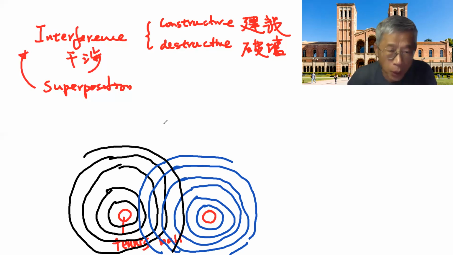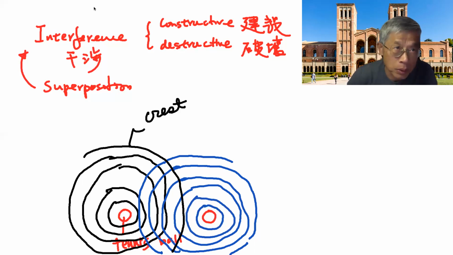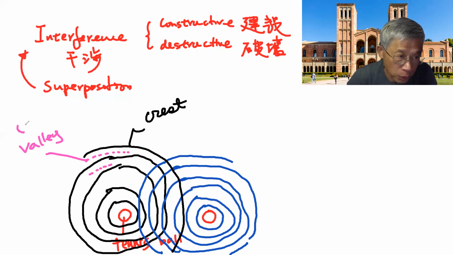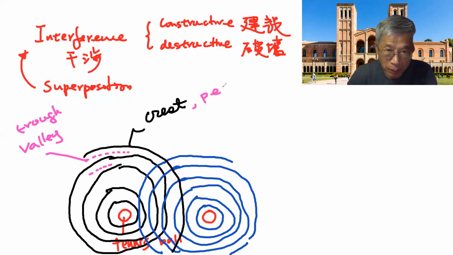Let's take a look. This is the crest, the peak. In the middle, this is the trough or the valley, the low point. Same thing here, this is the valley. All the troughs, T-R-O-U-G-H, and that's the crest or peak.